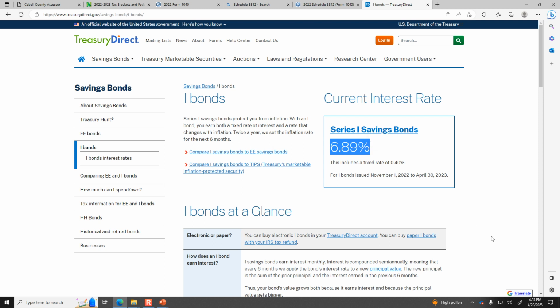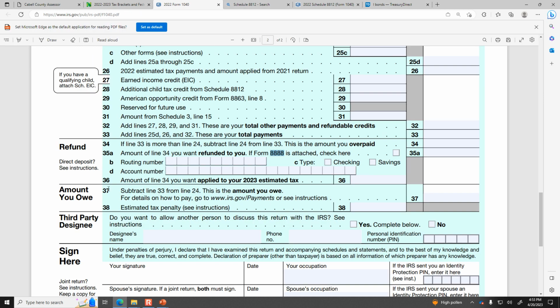That's a lot better than you could get at a bank. People really like these I bonds, but there's a limit of $10,000 a year that you can buy electronically. But you can get another $5,000 a year of I bonds if you have your tax return refunded as I bonds. But to do that, you have to fill out a special form.